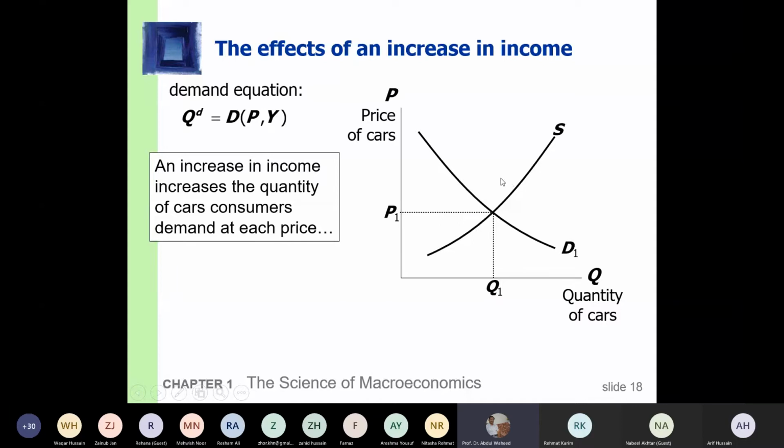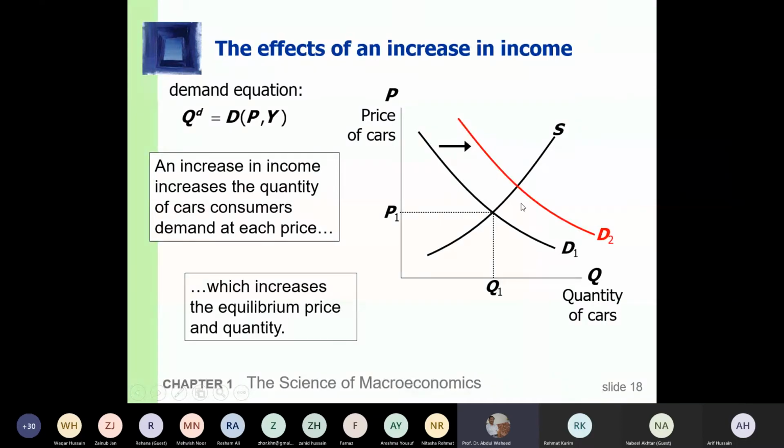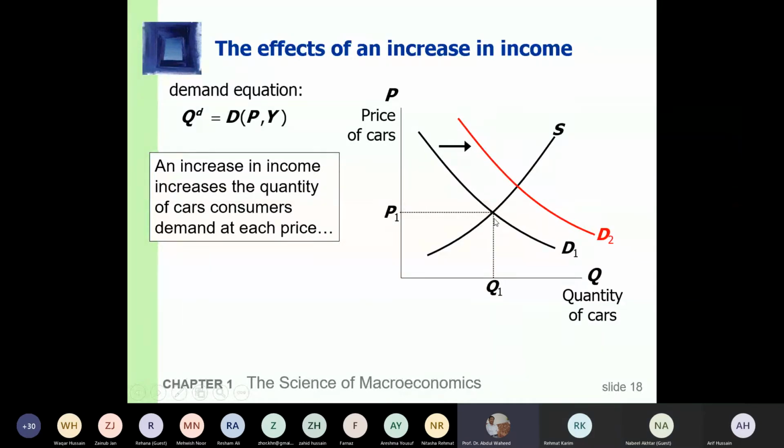And this is the new demand curve. So what happened to the equilibrium price? Now you can see that the equilibrium price will increase. Before this change, P1 is the equilibrium price and Q1 is the equilibrium quantity.